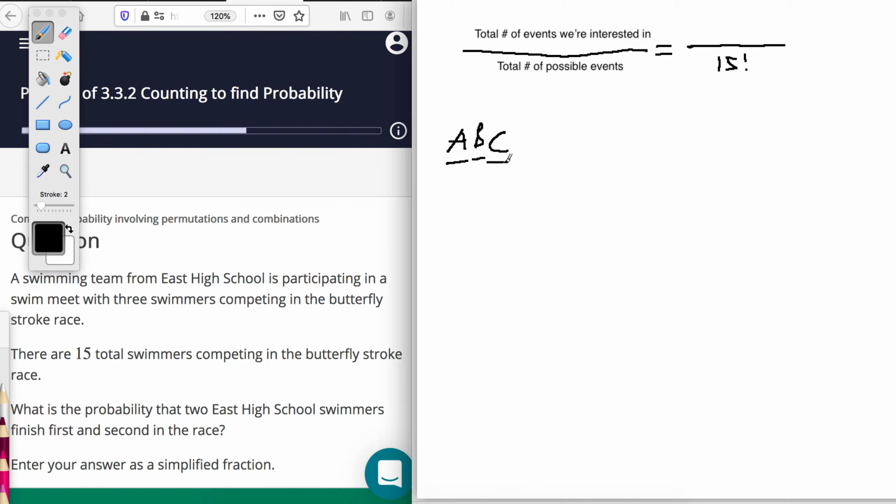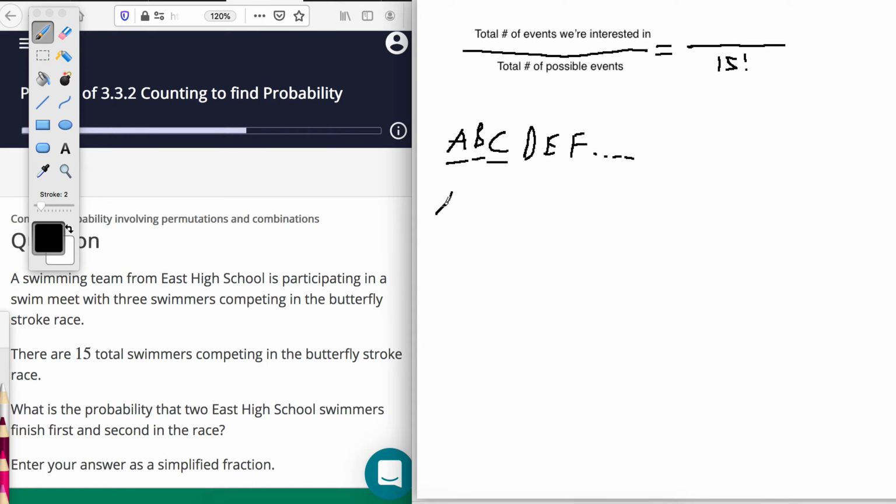Let's say A, B, and C are the names of our racers, and then D, E, F, all the way up to 15 are the other racers. This would be an arrangement where our team has first and second place. Let me back this up.